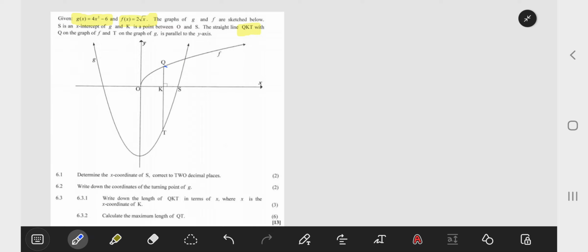Okay, and then the straight line qkt, qkt kusuka lapha ku q k size la ku t, right? But the straight line qkt with q on the graph of f, q siyawubona lapho ku f of x vele la, and t on g of x, siyawubona t ula phansi ula kulo g of x, right? And bakutshela bathi le line lelo li parallel to what? To the y-axis.